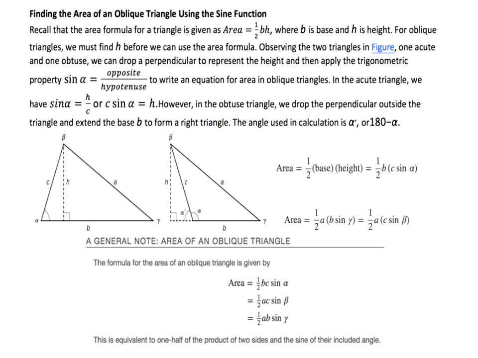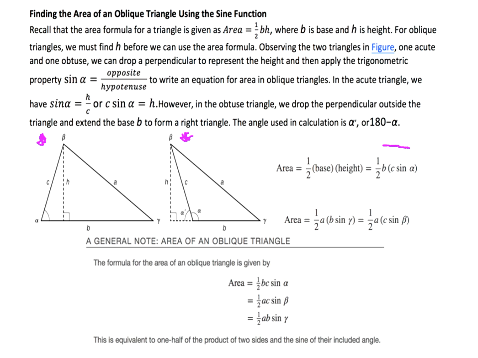So we have these cases here where the height of the triangle may fall inside the triangle, or it could fall to the outside of the triangle. We've already figured out how to find the measurements of those heights.